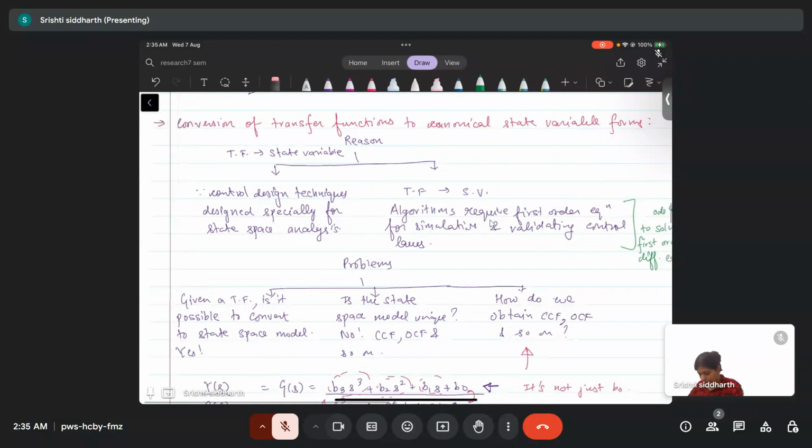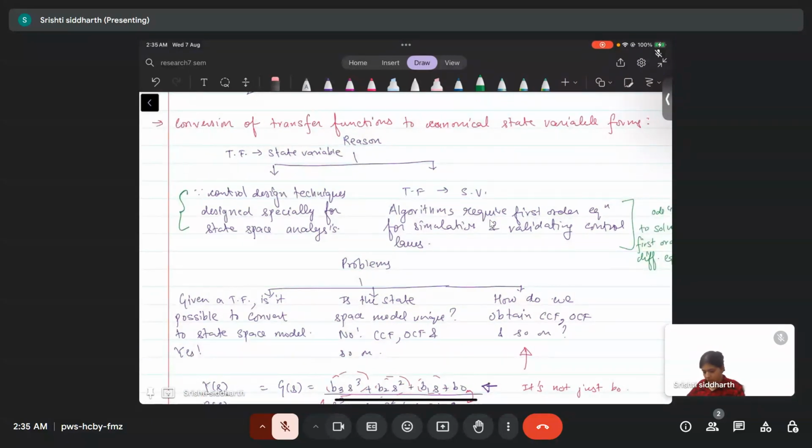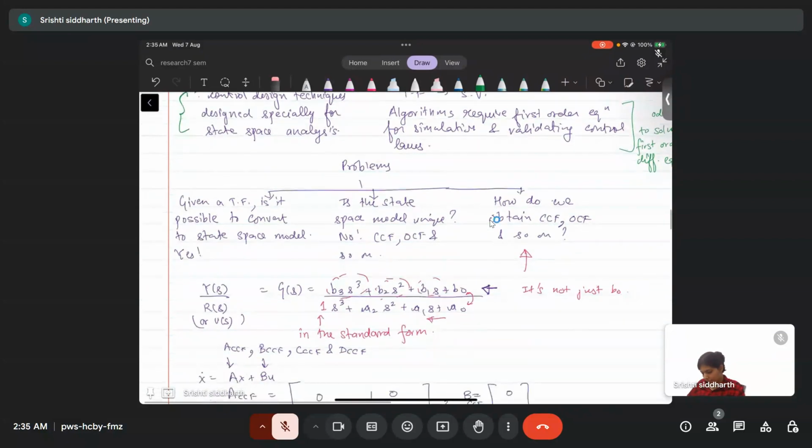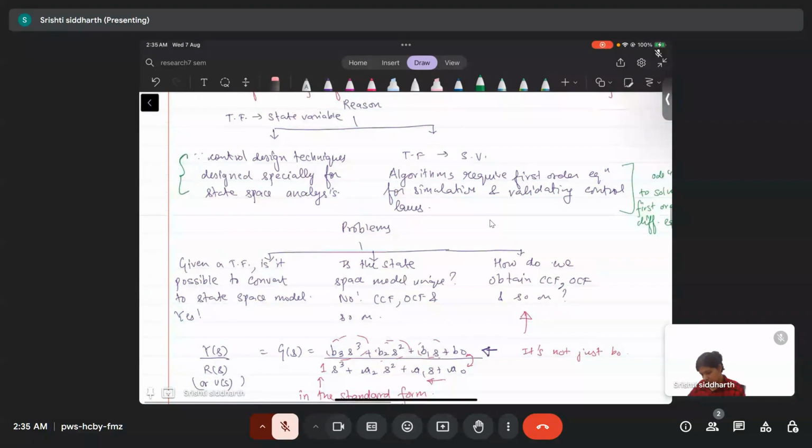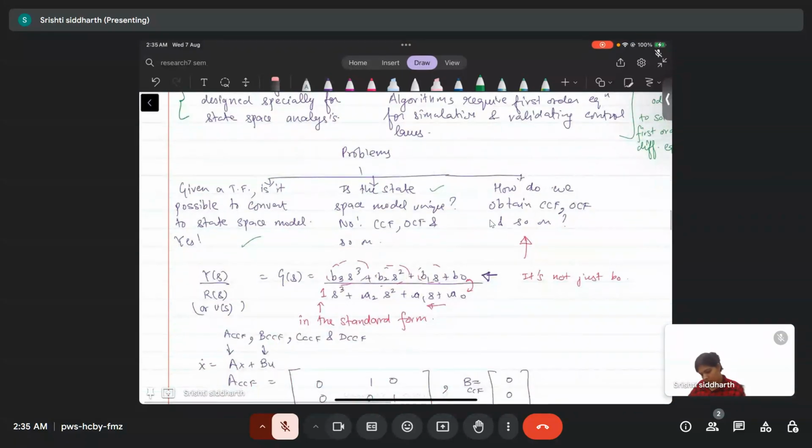And then the first one was that there are specific techniques which are suited for the state space analysis. And then we found out that given a transfer function, we can construct a state space model. The state space model is not unique. And then we saw how to obtain the CCF and the OCF forms.